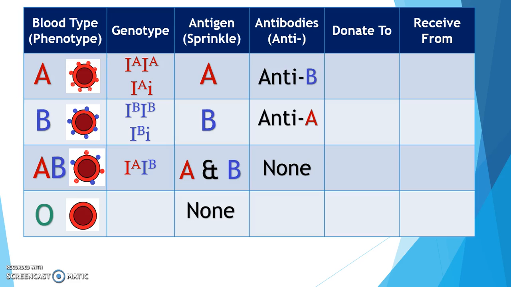Now, if you are type O blood, you are a plain old Krispy Kreme donut without any sprinkles on it. So that means your genotype is ii, lowercase i. You have no sprinkles, so you have no A or B antigens on the outside of you, and therefore your body will reject any blood that has the A or B antigen.